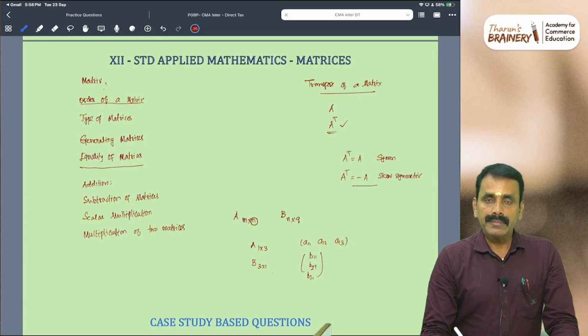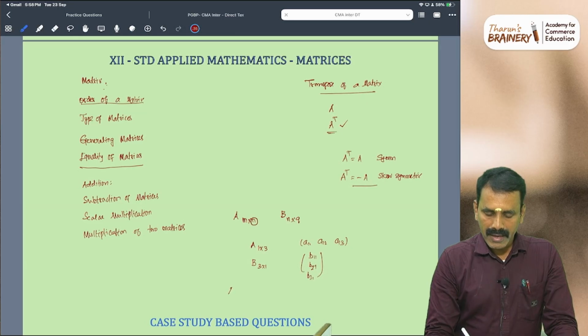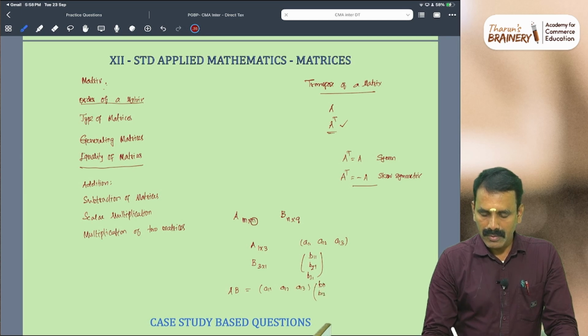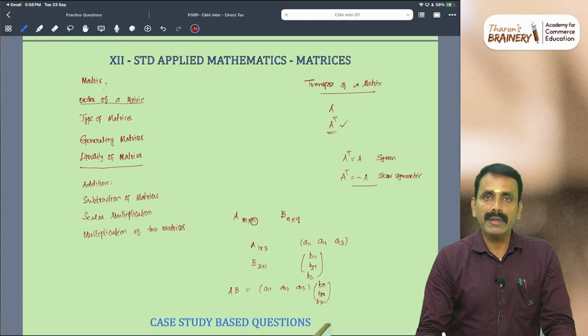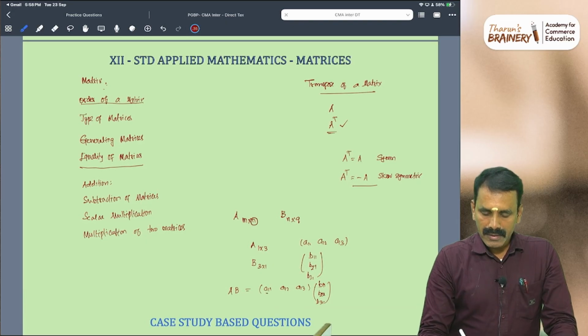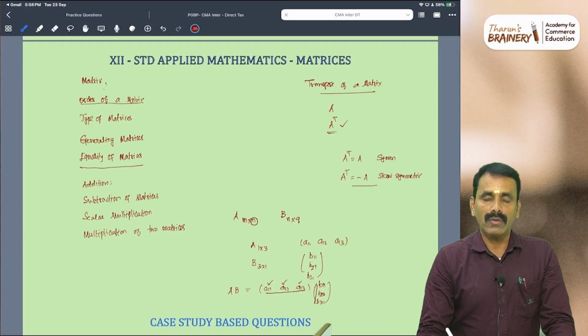How to multiply? If you are going to multiply A with B, then A11, A12, A13 multiplied with B11, B21, B31. We have to multiply row elements with column elements. Here we have 3 elements in the row and 3 elements in the column.